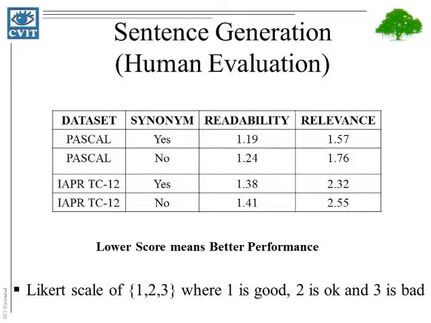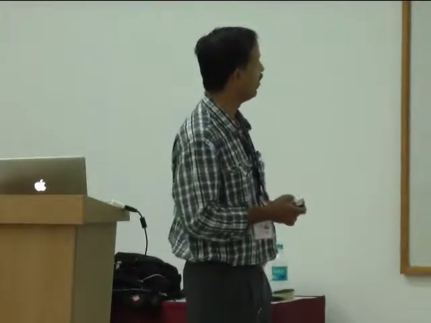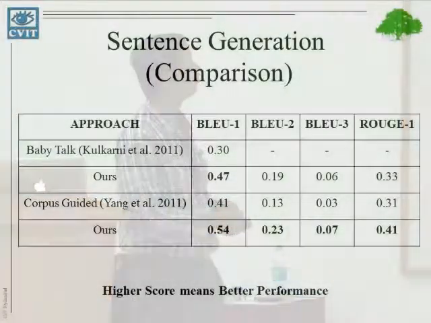The sentence generation we tried to evaluate in two different ways. One is with the help of human evaluation, where a human says whether it is acceptable or good or okay or bad, and we use the human evaluation to say how good it is. With synonym and without synonym we compared, and we found that the with-synonym version performs better than the without-synonym version.